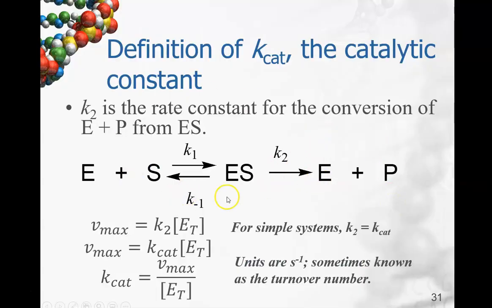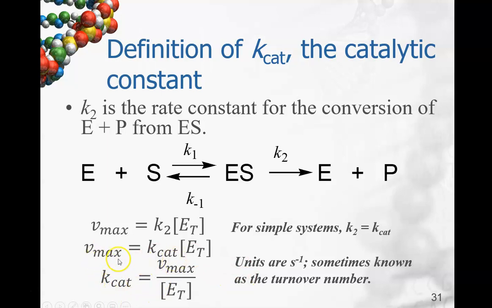So again, let's just look at our simple system. Here's our K2. K2 is the rate constant of the conversion of the enzyme substrate complex to enzyme plus product. So for simple systems, K2 is equal to Kcat. So we can solve for Kcat.